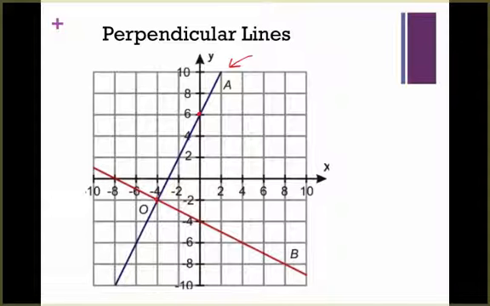Notice that we're counting by twos, so if we count up, we go 2, 4, 6, 8. Up 8, over 2, 4. So my slope would be 8 over 4, which would be 2.